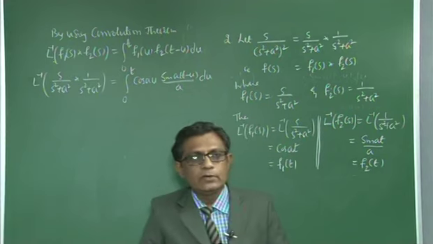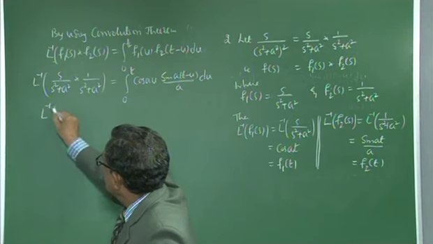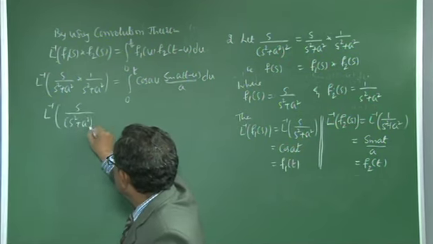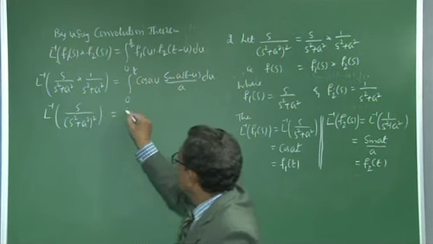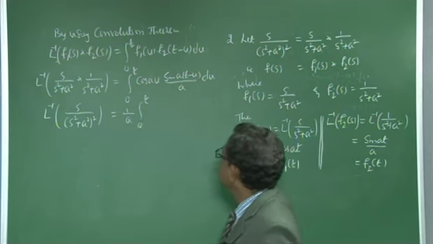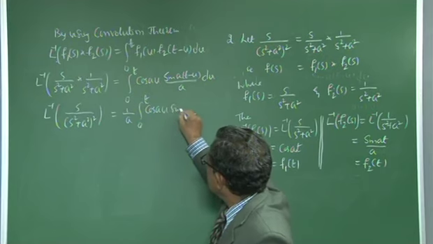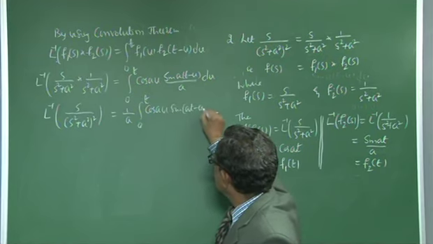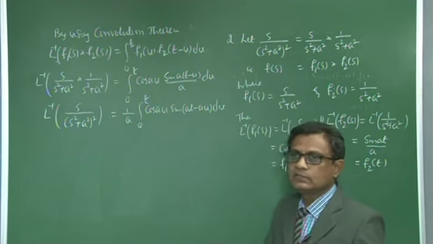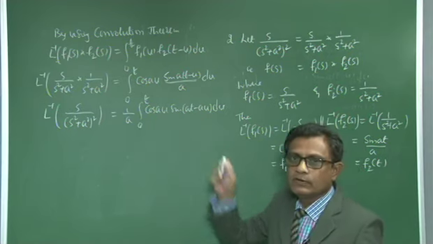Now simplify. It is L inverse of s divided by s square plus a square whole square. 1 by a is constant, you can take it outside the integral sign. Now it is cos au sin of at minus au du. You know how to integrate this one, it is also a trigonometric function.